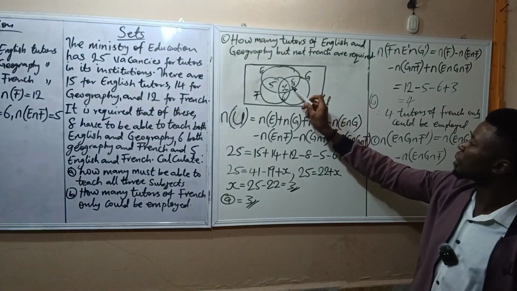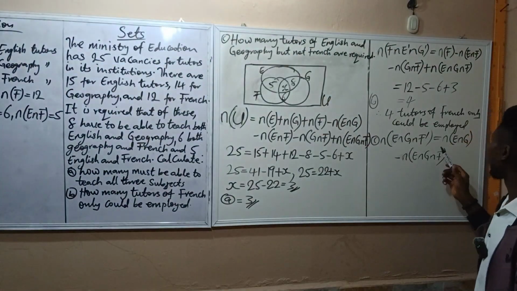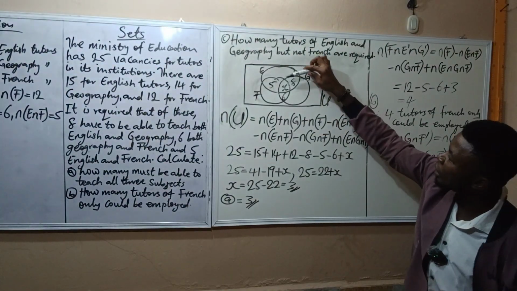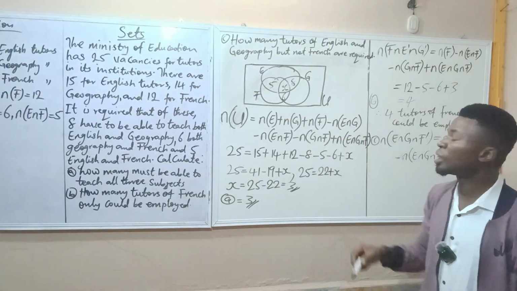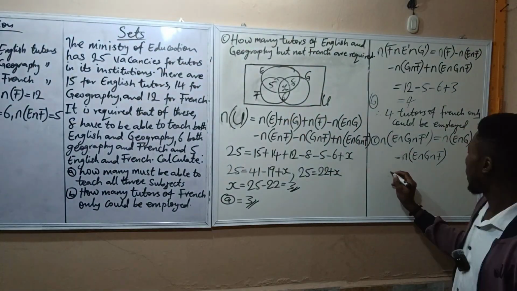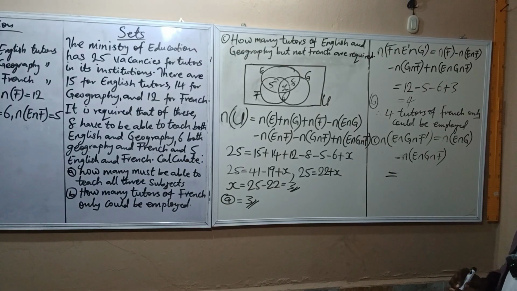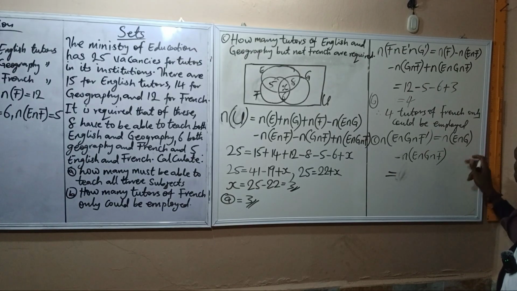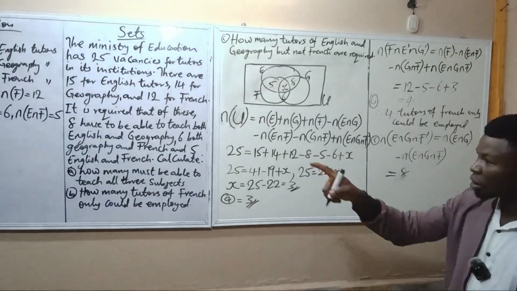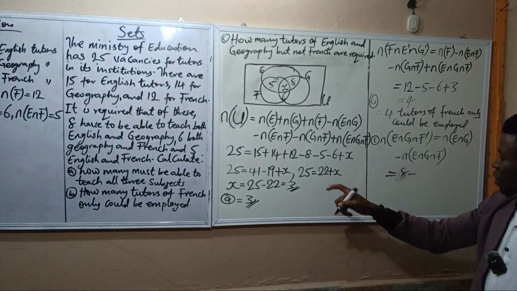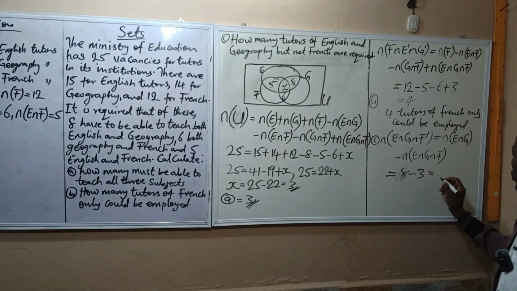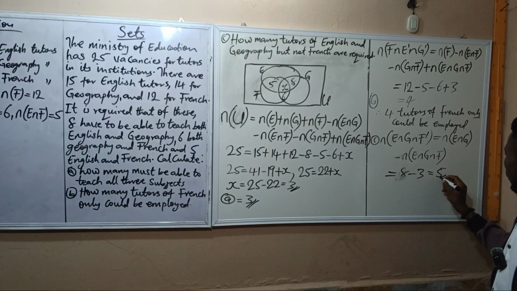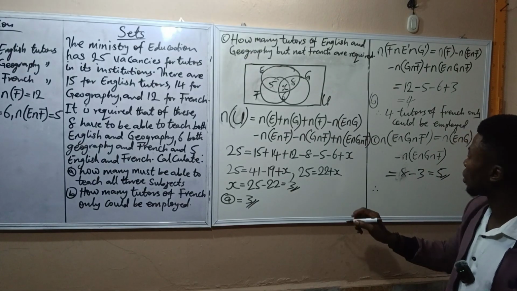In order to remove this point, that is why we said it is the number of these two intersection, minus the number of their general intersection. And that is equal to the number of the intersection of English and geography, which is 8, minus the number of all of them, which is 3. And 8 minus 3 is equal to 5.